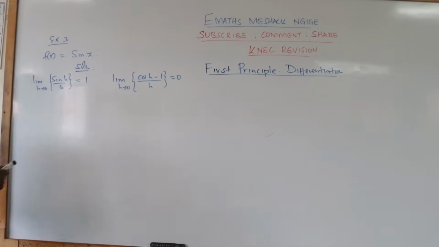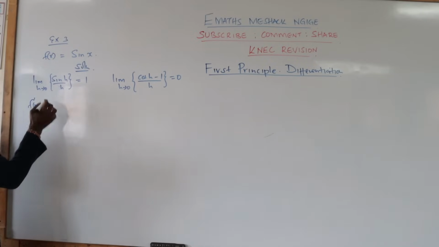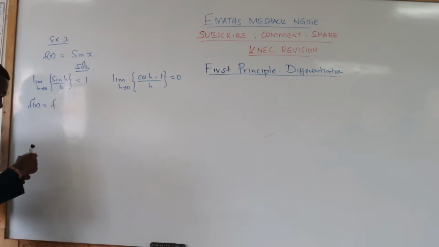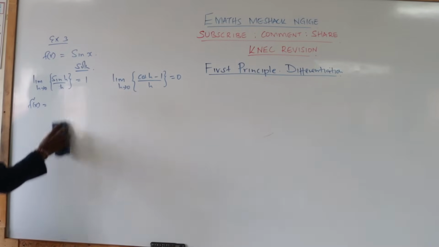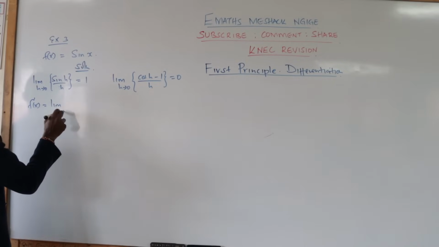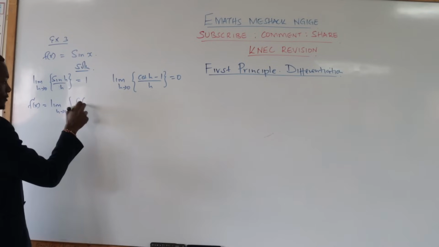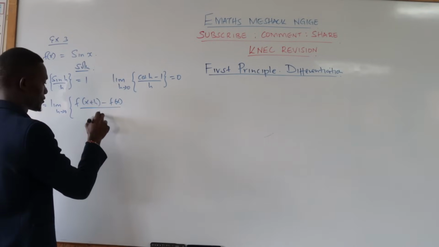So now let's check. From first principles we know that f prime of x will be given by the limit as h tends to 0 of (f(x plus h) minus f(x)) divided by h.